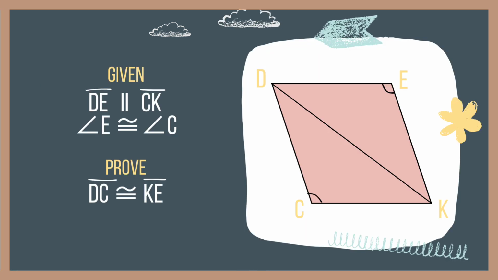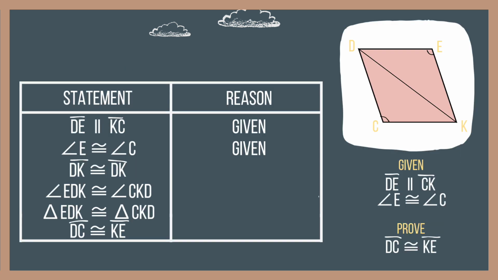Third example. In a given parallelogram, line segment DE is parallel to line segment CK, and angle E is congruent to angle C. Let's prove that line segment DC is congruent to line segment KE.